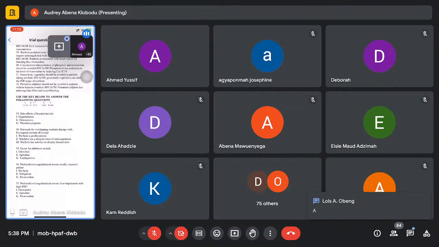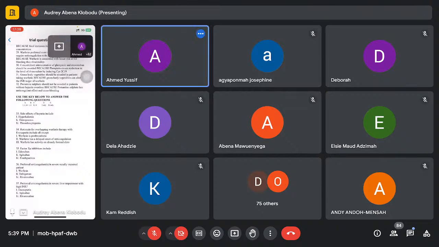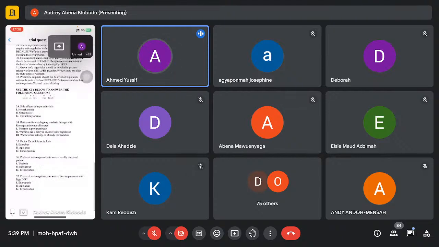Side effects of heparin include I. hyperkalemia, II. osteoporosis, III. thrombocytopenia. Okay, so which one are you going for? A. So A, all of them. So it can cause osteoporosis, thrombocytopenia, and hyperkalemia.